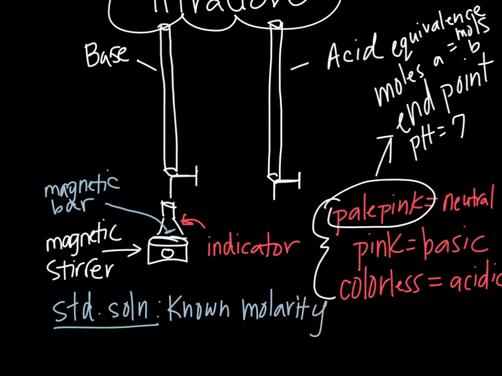So when we do this lab, one of these is going to be known and one of these is going to be unknown. And I believe in the lab, the acid will be known.